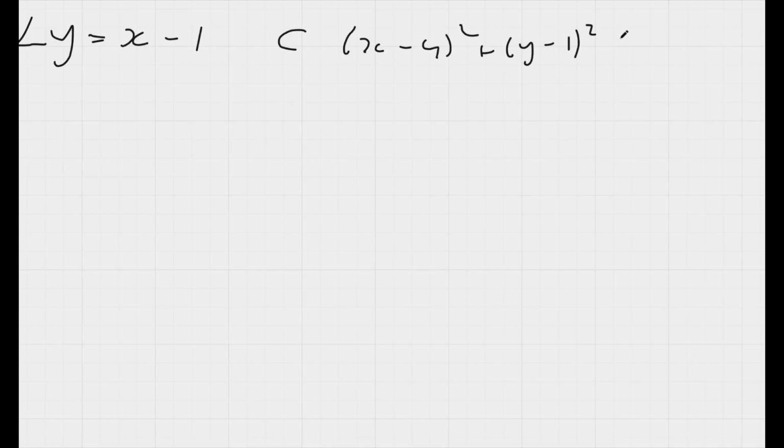Okay. So I have the line y equals x minus 1. Let's call this line L. And I have the circle C of equation (x minus 4) all squared plus (y minus 1) all squared equals 8. Find the coordinates of the points where L and C intersect. Let's go.